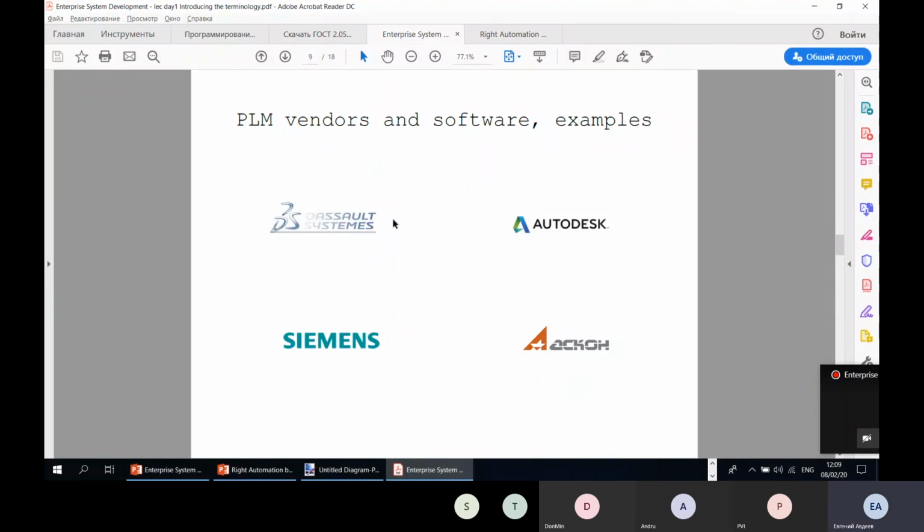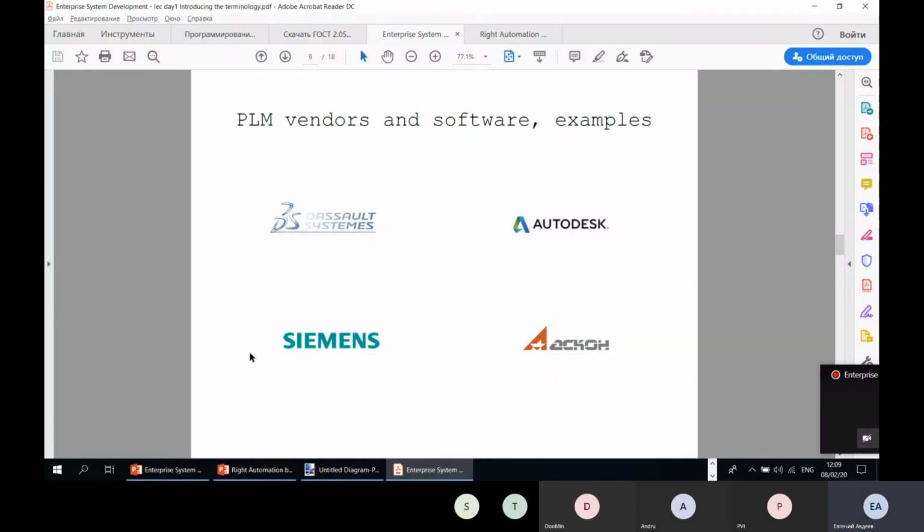It's Enovia and 3DEXPERIENCE. Autodesk, I'm not sure, but they have some kind of instruments. Ascon, a Russian company, has the PLM instrument Lotsman. And Siemens has their product Teamcenter. Siemens Teamcenter.